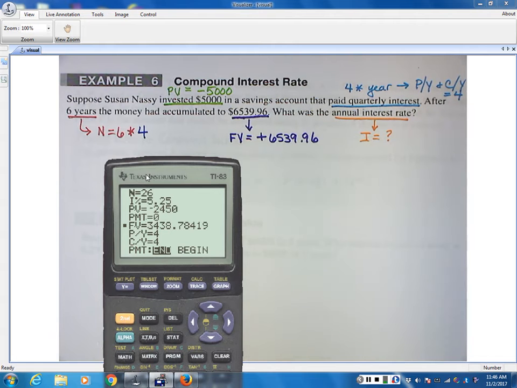Okay? So here's how we're going to ask, we're going to put the problem in here. Compounding is 6 years times 4 times a year. The interest rate, we have no idea, so we put in 0. The present value is negative $5,000.